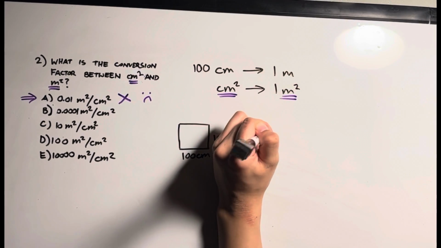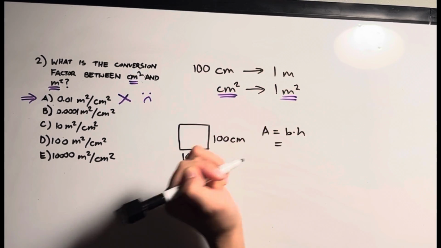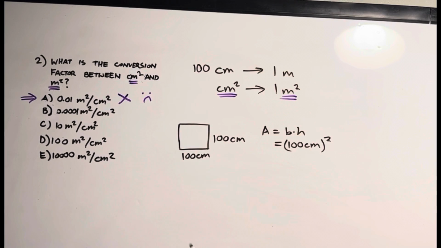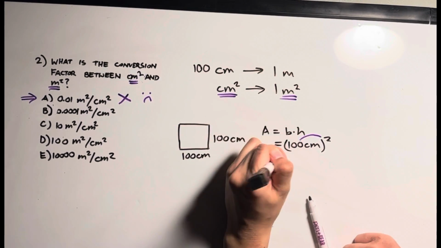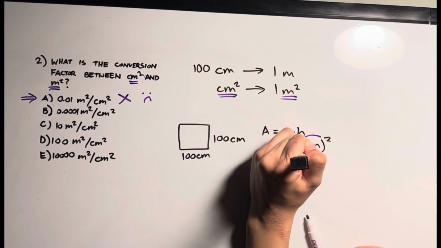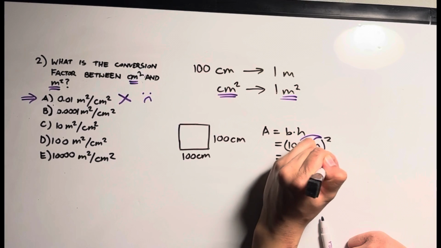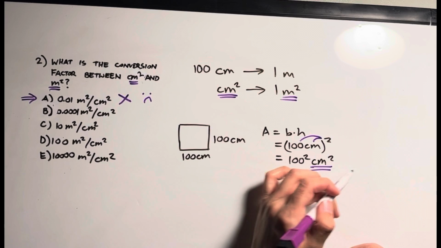So you simply take your area, which is equal to the base times height, which would be 100 centimeters squared. If we were to apply this square to each term, you get 100 squared, square the units, and you get centimeters squared. Now this is perfect because we have what we're looking for, centimeters squared.